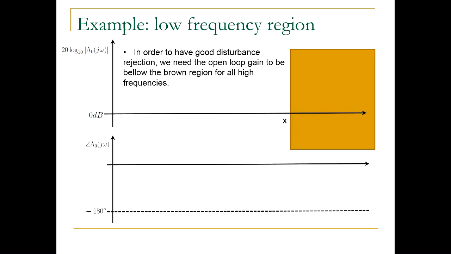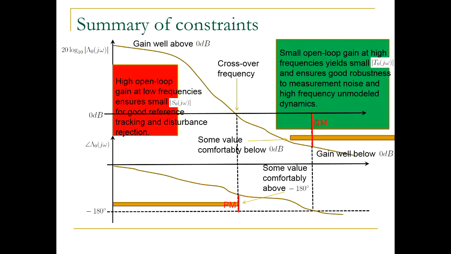All right, so this is what we get. This is like a Persian carpet, lots of detail here, but it summarizes everything we said so far, right? So if I give you performance specifications in frequency domain, then you will be able to come up with some red box, which might be either a box or it may have a certain slope on top, and the gain characteristic would have to be above that in order to satisfy certain tracking properties.